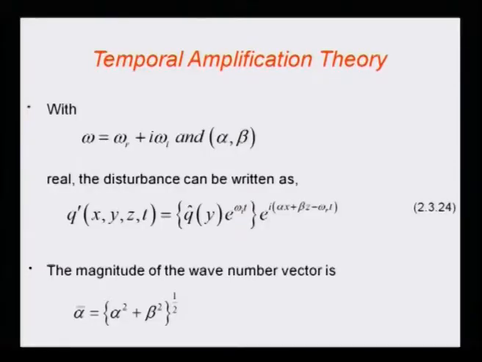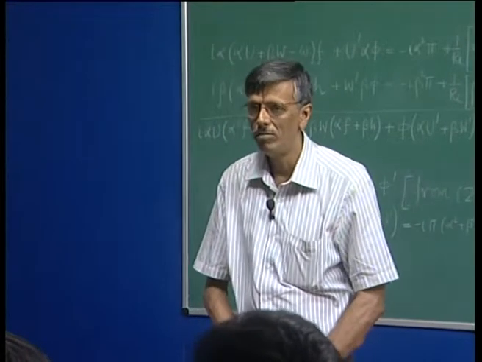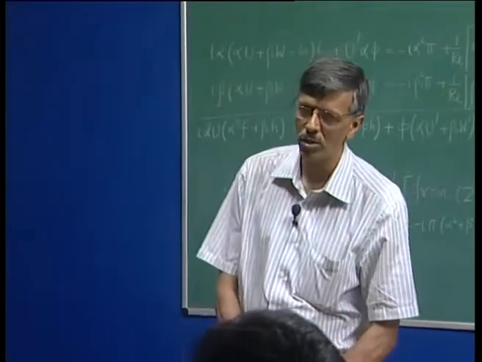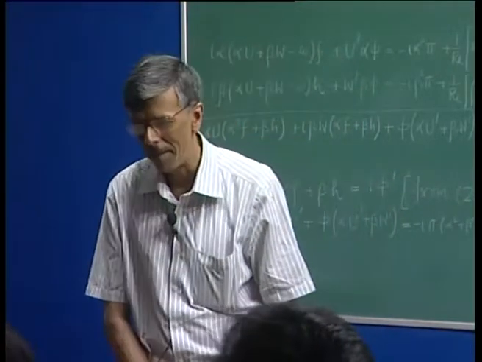Okay. Now, I would like to bring to your attention the attributes of instability studies. As I told you, ideally it would be nice to talk about disturbances which grow both in space and time.